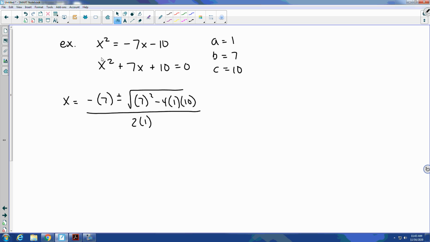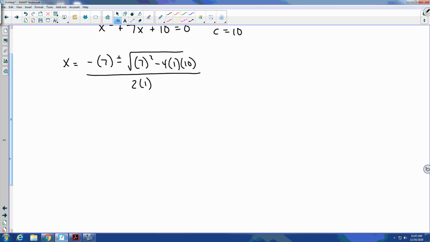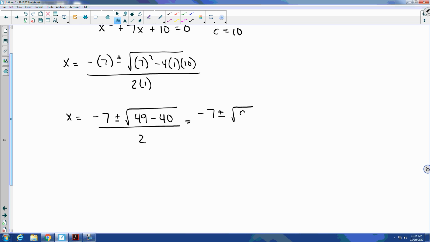So we would substitute A, B, and C into their respective locations in the quadratic formula. Let's clean up the arithmetic. 7 squared is 49 minus 4 times 1 times 10 is 40 over 2. So this will equal negative 7 plus or minus the square root of 9 over 2.